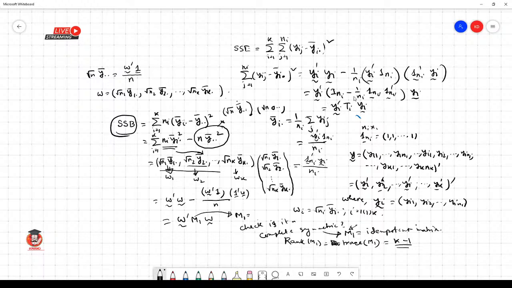And this summation of Ti is nothing but sum over i from 1 to k of yi curl prime Ti yi curl.